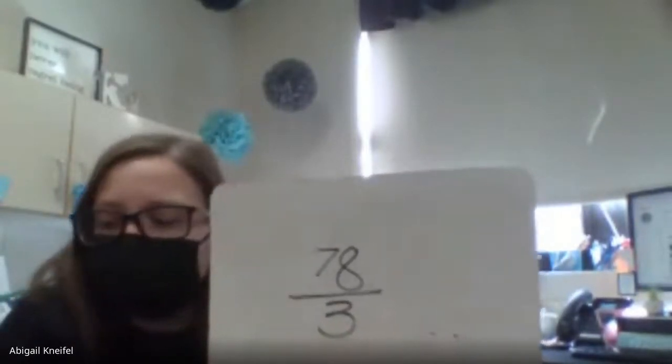All right, next problem. Put this into simplest form. I have an improper fraction, 78 over 3. Please make it a mixed number. Yes, 16 over 1, Paisley, is the same thing as 16.